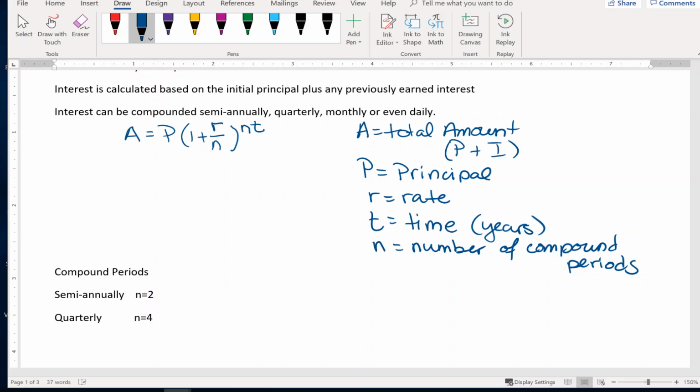If our compound periods were monthly, that means here n would be 12, because we're doing it at the end of every month, and 12 months in the year. And again, if we were doing this daily, that means n would be 365, because we're doing it at the end of every day.